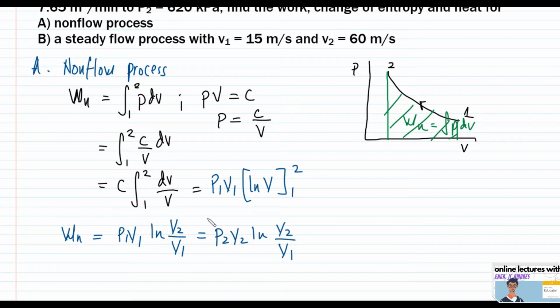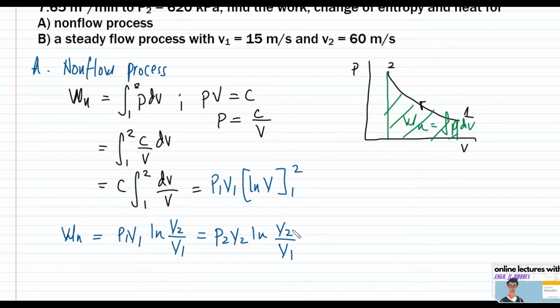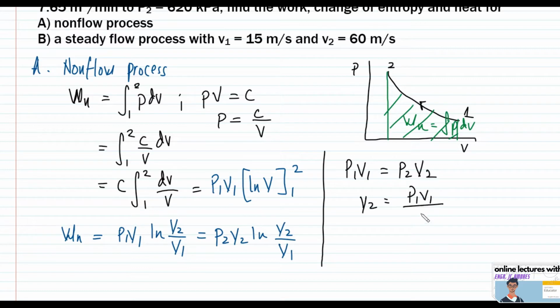We have P1 V1, that is given. What we don't have here is our V sub 2, so we first have to solve for that. To solve for that, we will use PV is equal to C. P1 V1 is equal to P2 V2. Here, V2 would be equal to P1 V1 over P2.